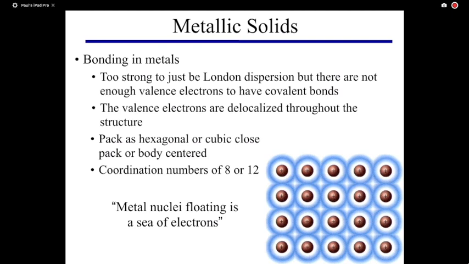On average, they average out. And so metallic solids are a little bit different in terms of the idea. Now, the bonding is larger than just London dispersion force because there's no electronegativity difference. But they are not covalent. There's not enough valence electrons to have true covalent bonds. We just have electrons flowing through the whole system.